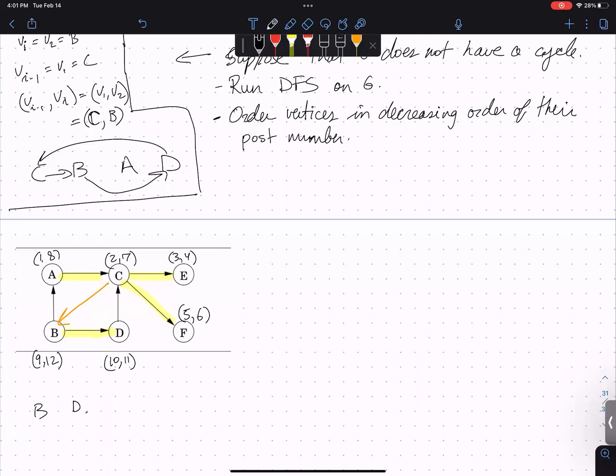A. Yeah, A has 8. And then C has 7. And then F has 6. And then finally E. All right, so that's the linear ordering that we're going to construct.